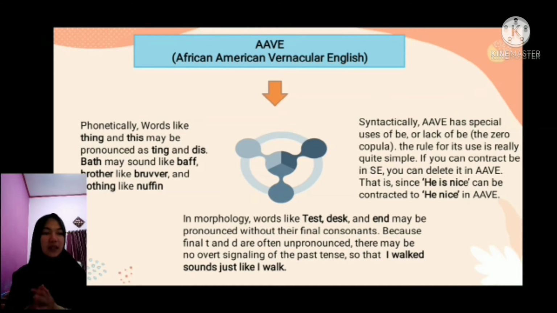And then the last is syntactically. African American vernacular English has special uses of be or lack of be, also called zero copula. The rule for its use is really quite simple.